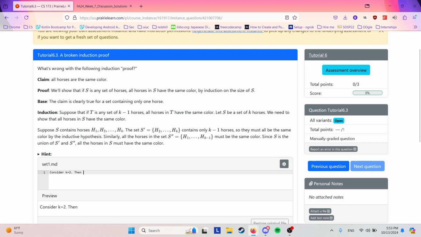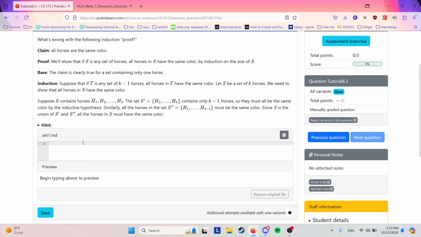So if k is equal to 2, then, okay, for this question we should first give our explanation for how we found this case that breaks our induction.